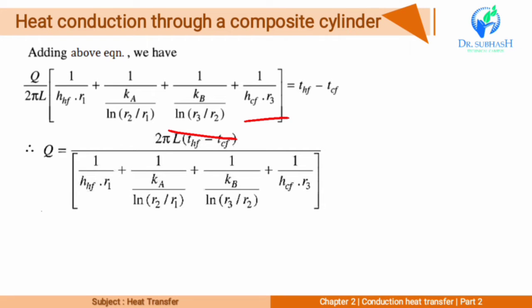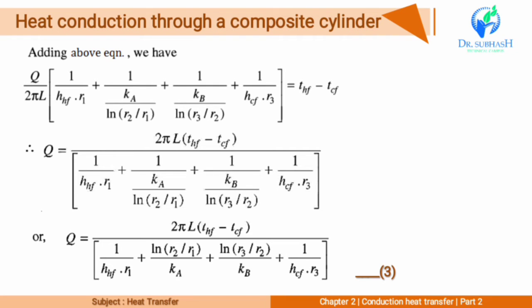So by rearranging again we get Q is equal to 2 pi L into (T_HF minus T_CF) divided by the whole bracket. Also we can rearrange the terms like that, Q is equal to 2 pi L into (T_HF minus T_CF) divided by this whole bracket, say equation number 3.